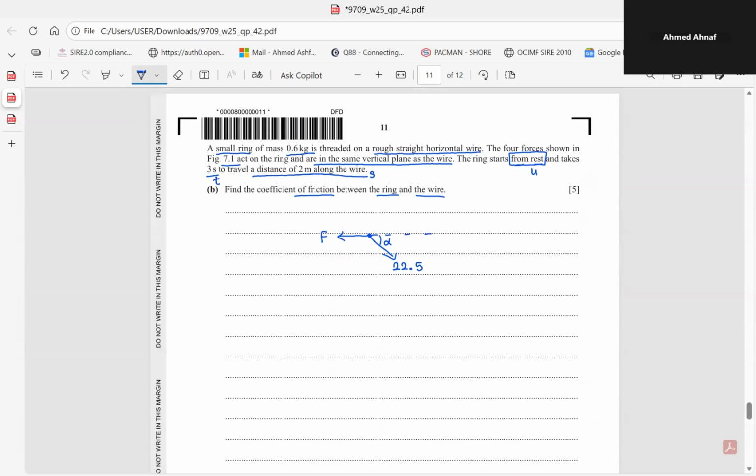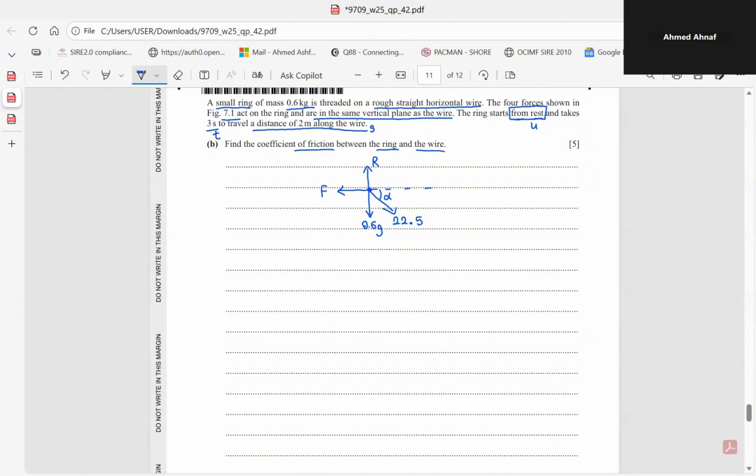And then there's also the weight, 0.6 g, and R. All right. So again, we can assume that the vertical forces are in equilibrium.